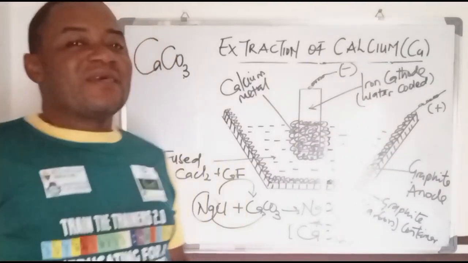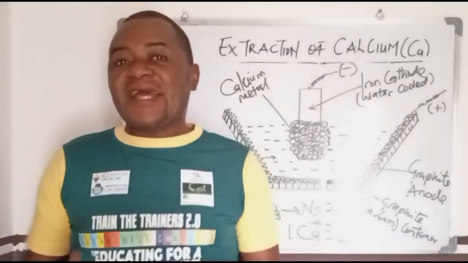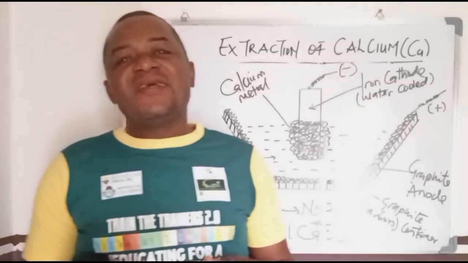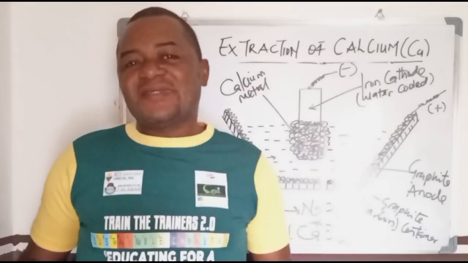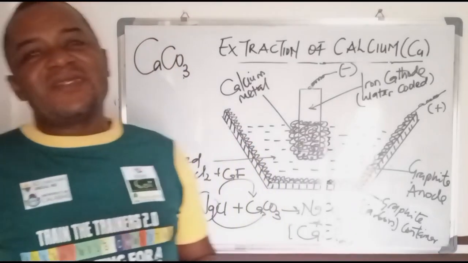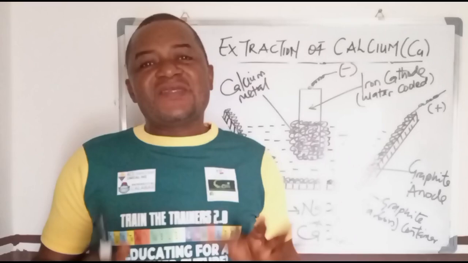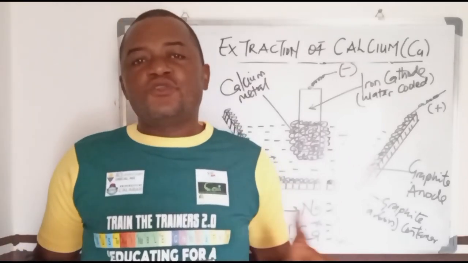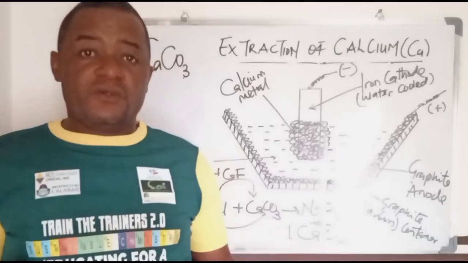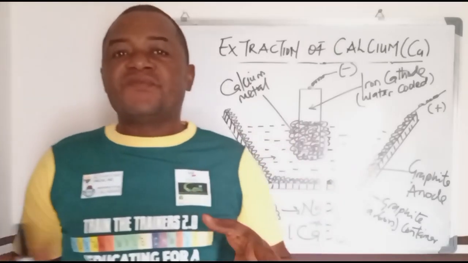Now, do you know that calcium as a metal, just like sodium, is quite reactive, number one. Two, calcium as a metal also has a sort of silvery gray coloration. We said earlier that sodium is silvery in nature, but calcium is silvery gray.